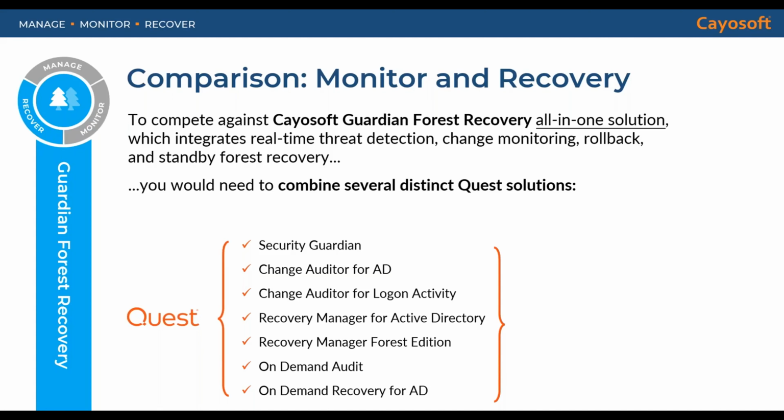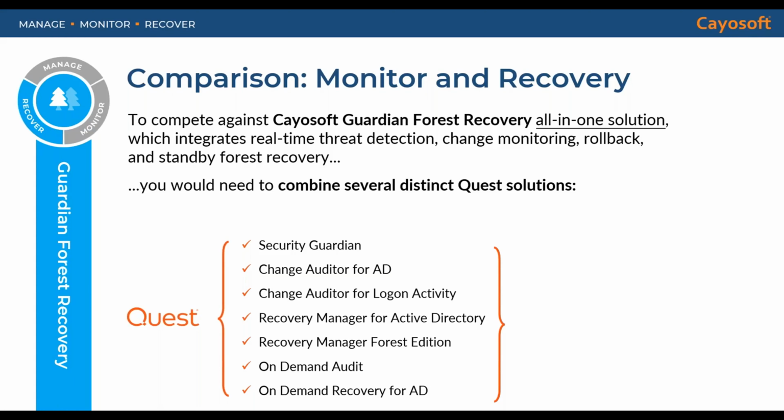So if we have one console to go to and manage or go in and review all these changes, look at threat detection, go in and be able to recover from, whether it be an attribute change or a forest recovery, again, light architecture, basically one solution to rule them all is what I'll say. So that's one of the key differences with our Guardian Forest Recovery solution.